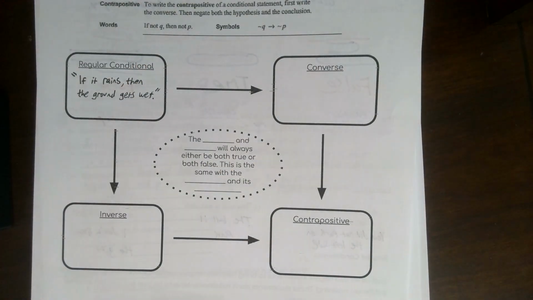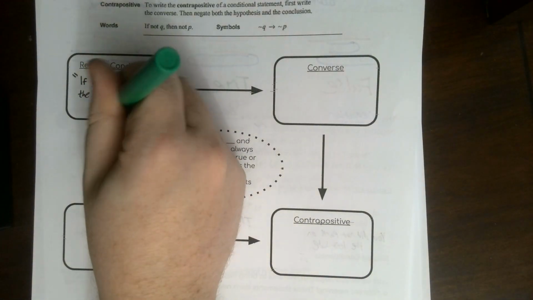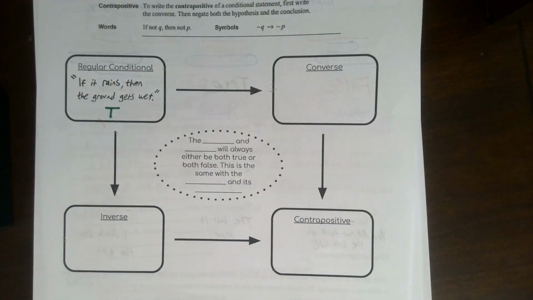This is a statement that, in general, is true. No matter where you are, if it rains, there is no place where the ground is entirely dry. So if it rains, then the ground gets wet is a true conditional.